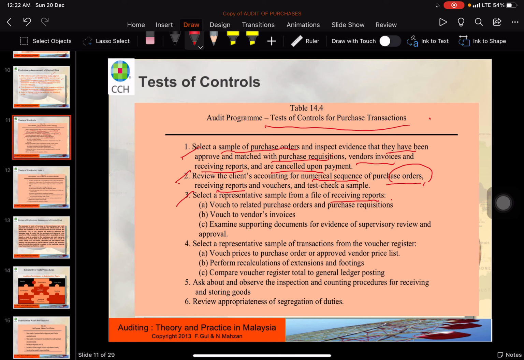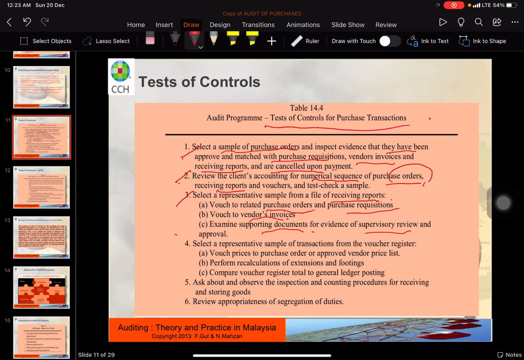We just take any receiving report. Then we vouch back to the purchase order and purchase requisition, and then vouch to vendor invoices. And then we examine supporting documents for evidence of supervisory review and approval. Is there any authorization?